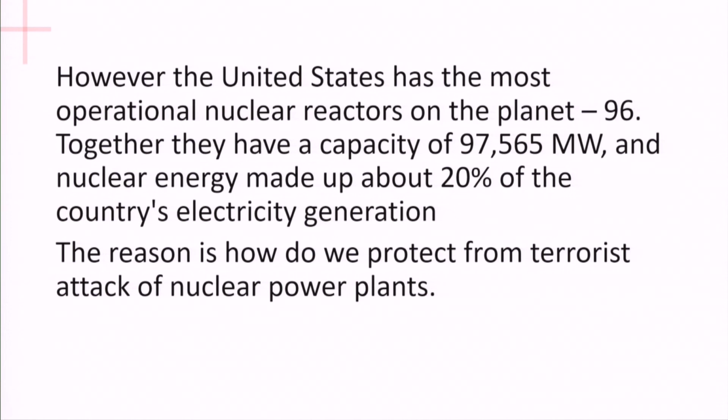They have 96 nuclear power plants. Together, they have 97,565 megawatt installed capacity, and the nuclear energy that is generated and consumed is 20% of the total country's electricity generation.